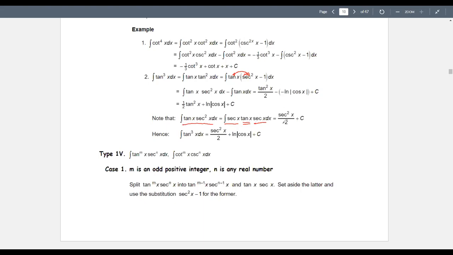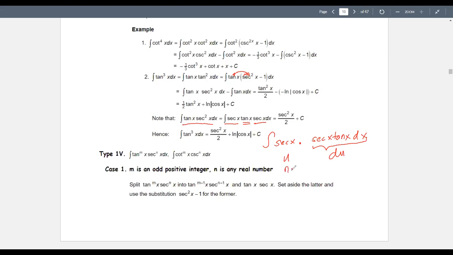Now, why do we have this one? In this particular scenario, I'll write secant of x and I'll place a dot, secant of x tangent of x dx. Your secant of x could be your u. The du of that secant of x would be this entire thing, because the derivative of the secant is secant tangent.